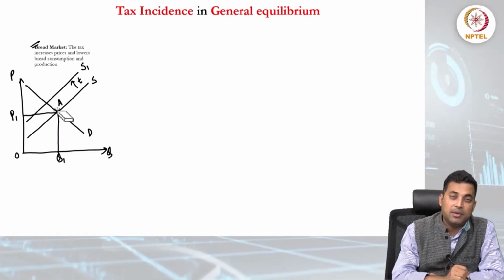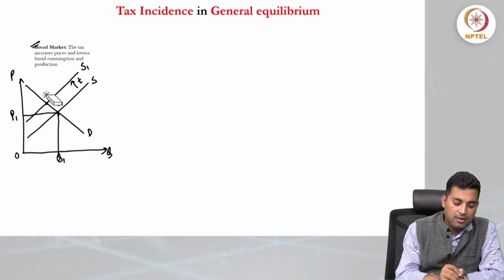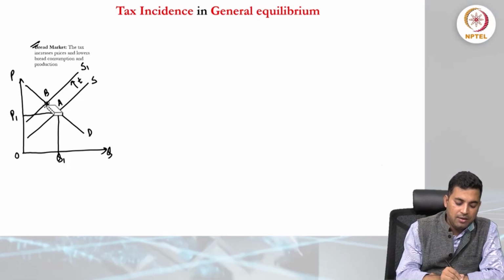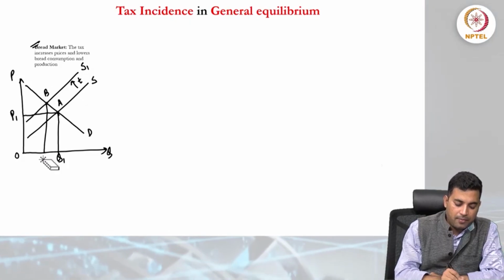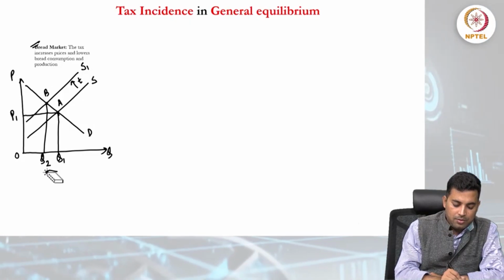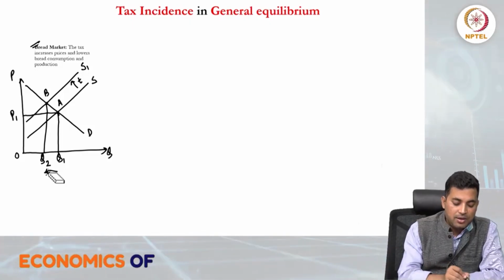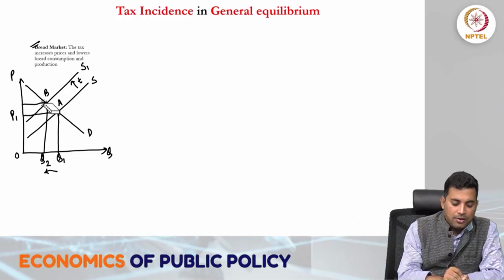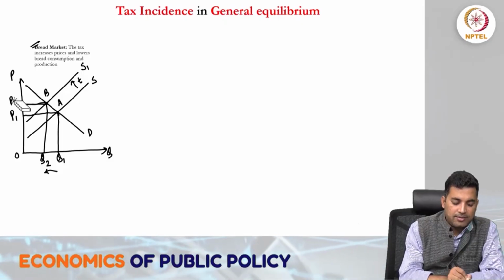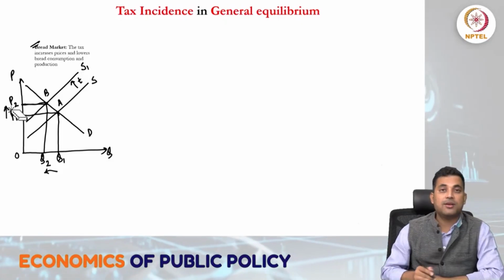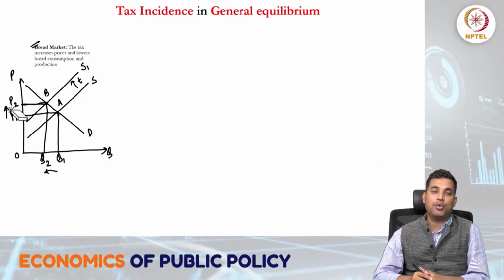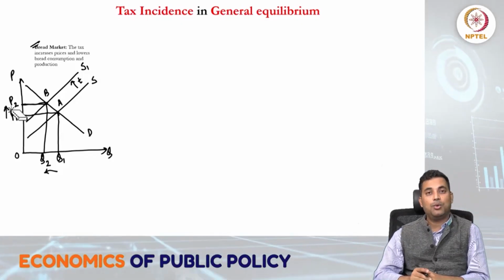The initial equilibrium is at A, and the next equilibrium is B. Q2 is the reduced quantity, and as a result of the imposition of the tax, the price of bread has increased from OP1 to OP2.